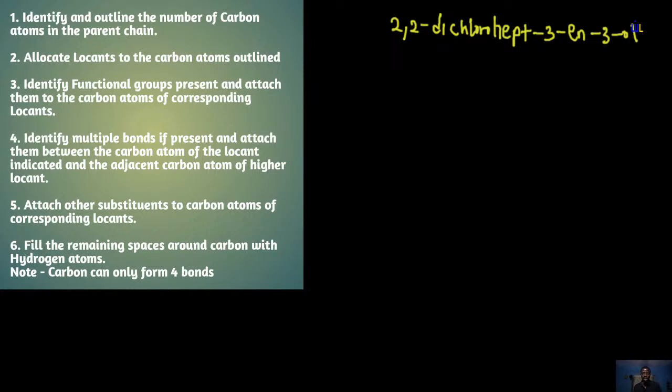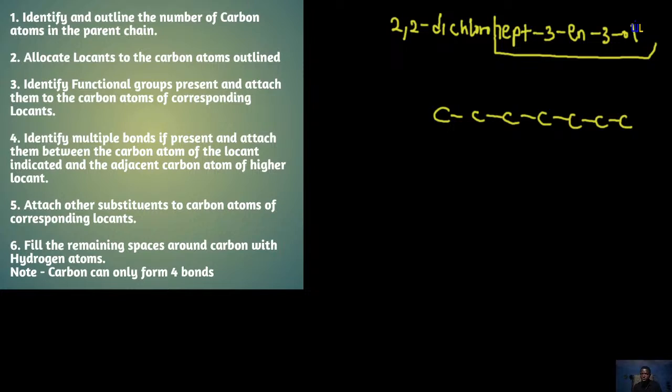So let's go to the rules. The first rule says identify and outline the number of carbon atoms in the parent chain. The parent chain, as we can see, is hept-3-yn-3-ol. Hept indicates 7, so we are going to put out 7 carbon atoms: 1, 2, 3, 4, 5, 6, 7.